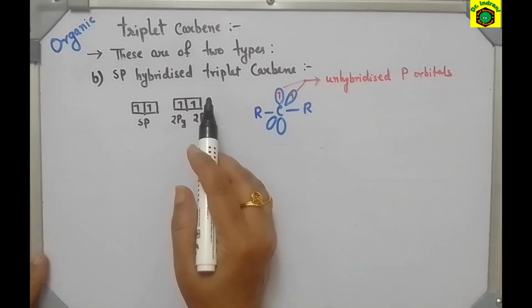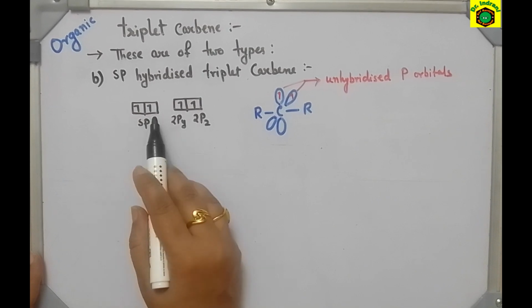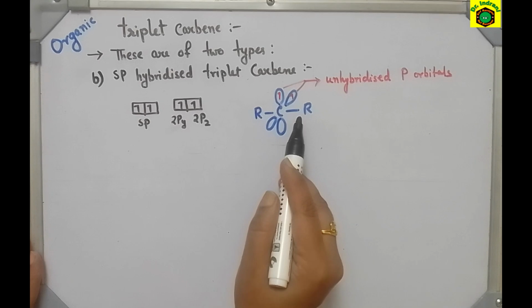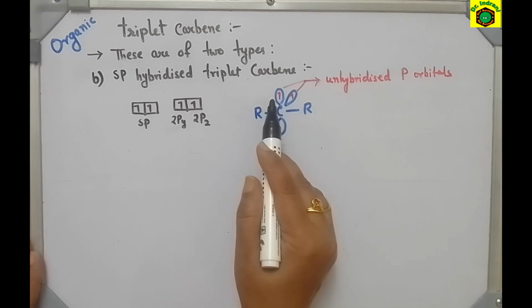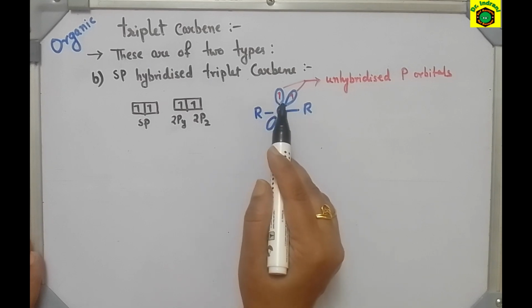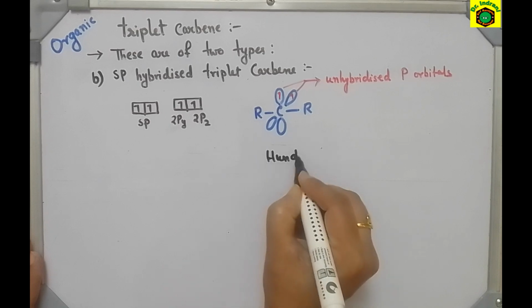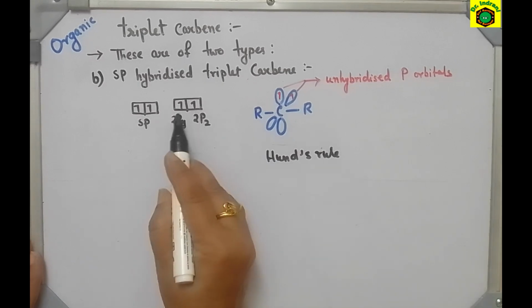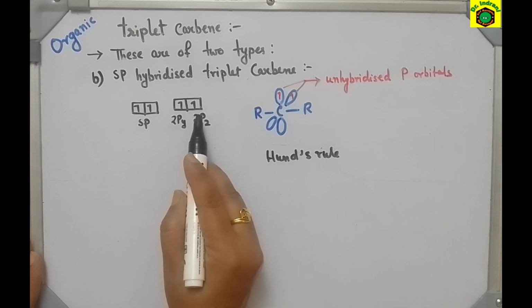For sp hybridized triplet carbene, carbon is in sp hybridization. Two sp hybridized orbitals are utilized to form two covalent bonds, and the two non-bonded electrons go one into each p orbital with parallel spin according to Hund's rule, because these two p orbitals have the same energy, they are degenerate.